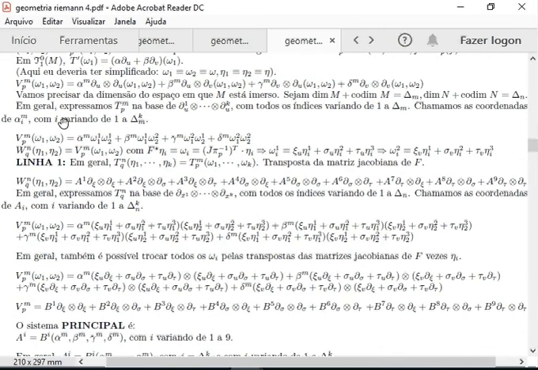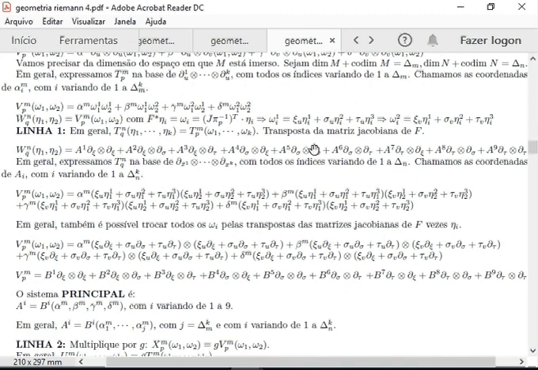Codimension, generally we express TPM at the basis du1, duk, and we call the coordinates alpha im with i varying from m to delta m power 2k. VPM omega 1, omega 2 equals alpha m, beta m, gamma m, delta m.